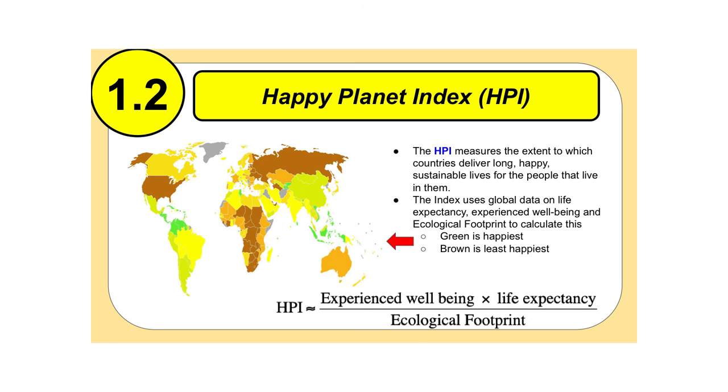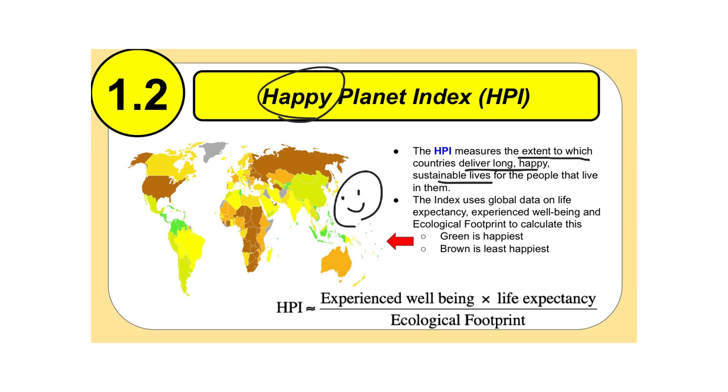And lastly, we have our Happy Planet Index, or the HPI. And the HPI is defined here. It measures the extent to which countries develop long, happy, sustainable lives for the people that live in them. So if you think about it, that definition even makes me kind of happy. So, draw a little happy face there.